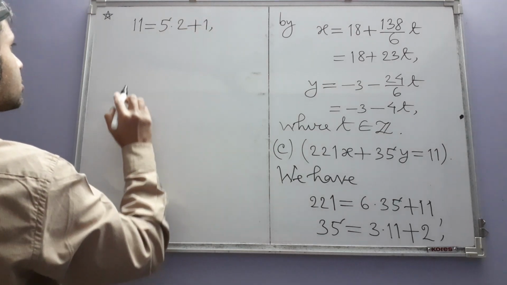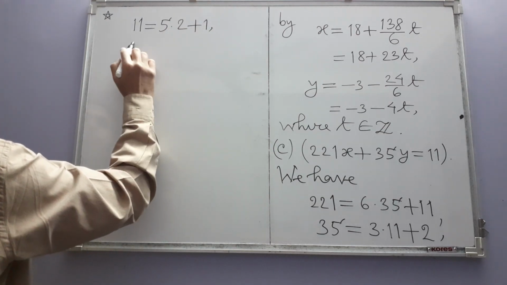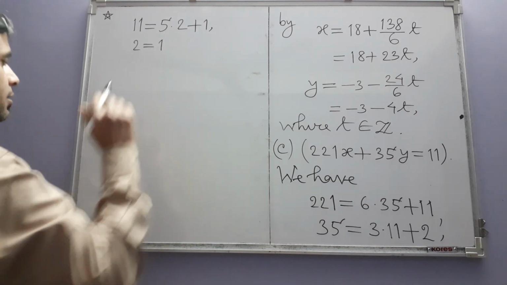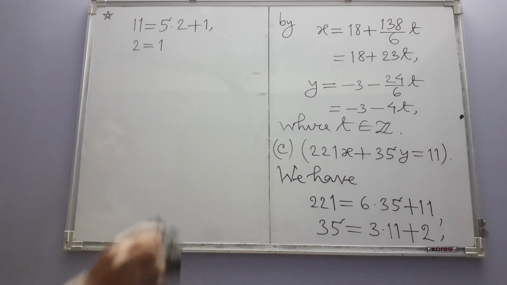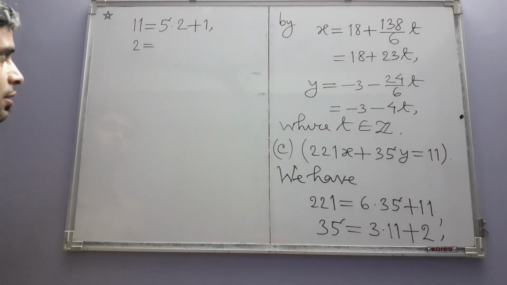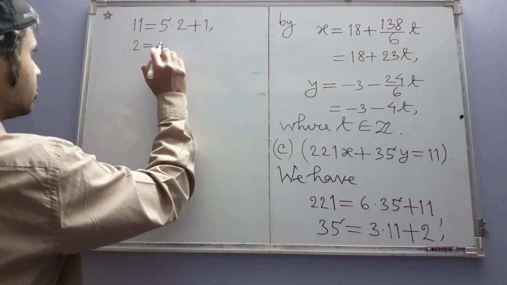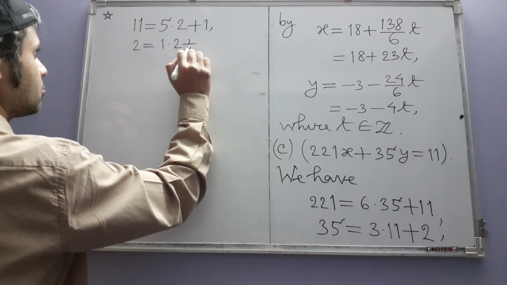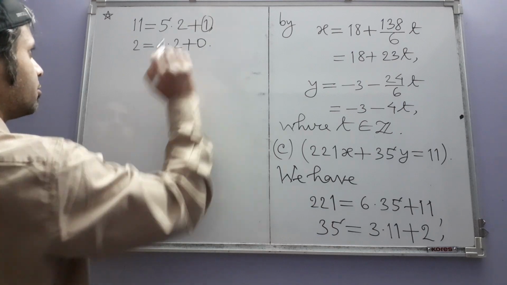Five times 2 plus 1. Although the next one need not be written, but just for the sake of completeness I write quotient times divisor. Let's maintain that order also. Plus 0. So the last non-zero remainder is 1.